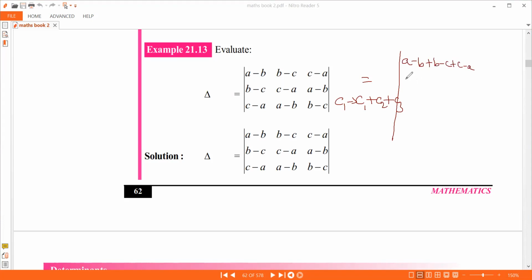The second one, b minus c plus c minus a plus a minus b. And now c minus a plus a minus b plus b minus c. This entire column is zeros only. Answer is 0. So this is a very simple one. So the answer here is 0.